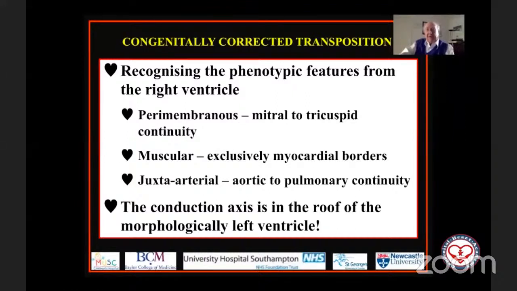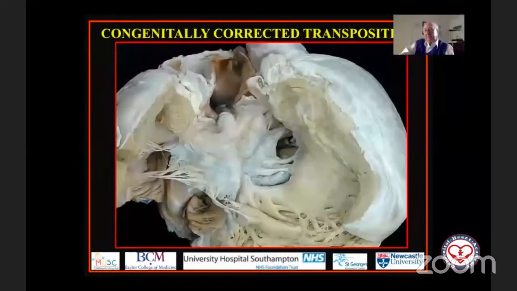Remember, in this context, however, when we think about the ventricular conduction system, the conduction system is in the roof of the morphologically left ventricle. And that means that it is relatively protected from the morphologically right ventricular side, but in the majority of cases which have usual atrial arrangement, that is on the other side as far as the surgeon is concerned.